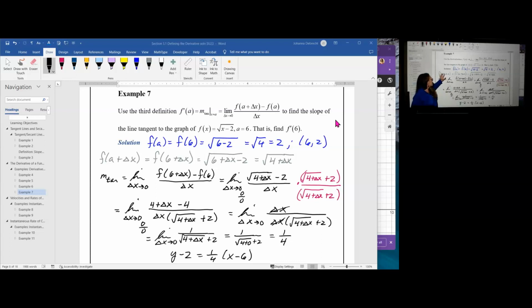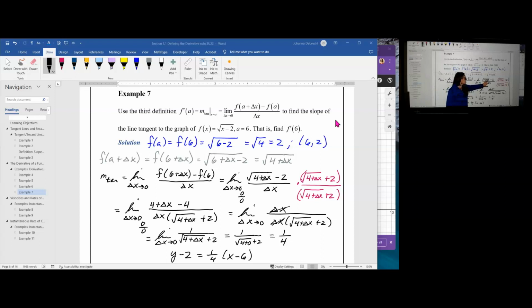To find f of a plus delta x, we replace a with 6. This gives us the square root of 4 plus delta x. Again, delta x is one thing, not two things multiplied. Now I put this into the difference quotient in the delta x format.